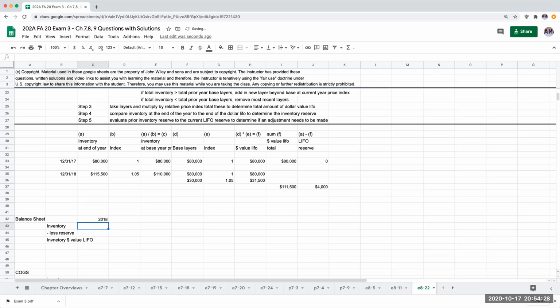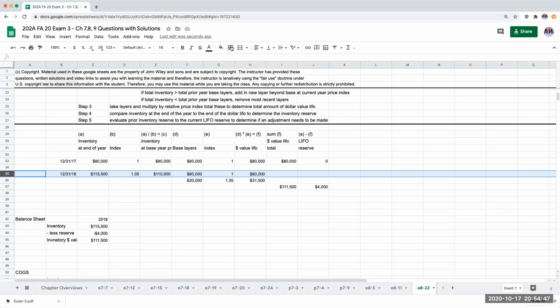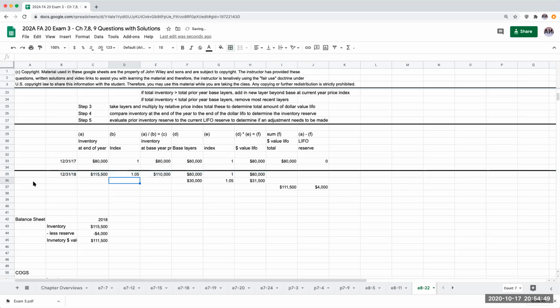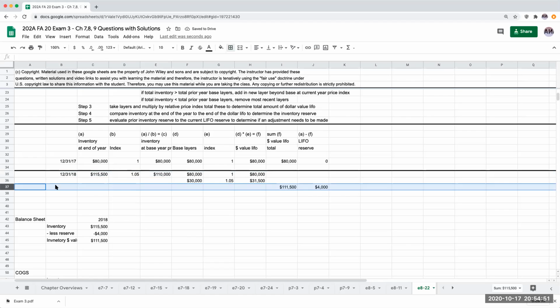Here in 2018, the inventory amount is showing at 115,500. My LIFO reserve is at 4,000. So my inventory that I'm showing under dollar value LIFO is going to be 111,500. Okay, so we've got 2018.